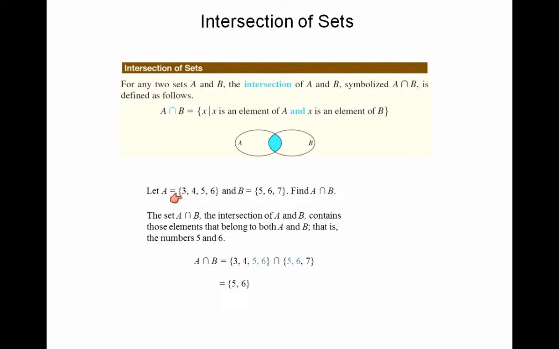You use and. If set A consists of 3, 4, 5, 6, and set B consists of 5, 6, 7, the intersection of these two sets, A and B, would be 5 and 6. So when you talk about and, it means intersection.